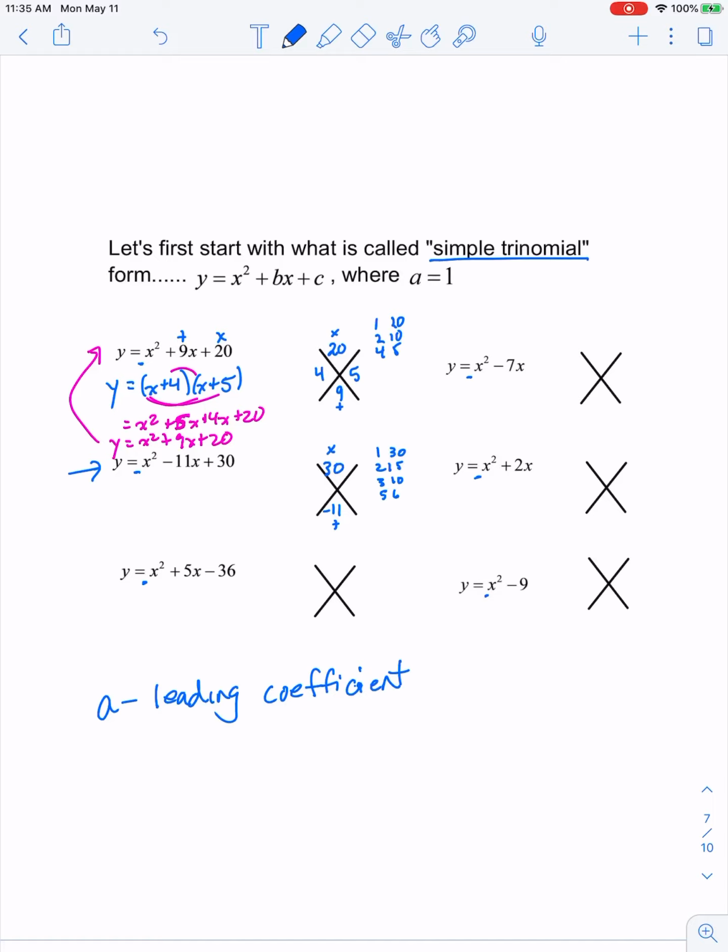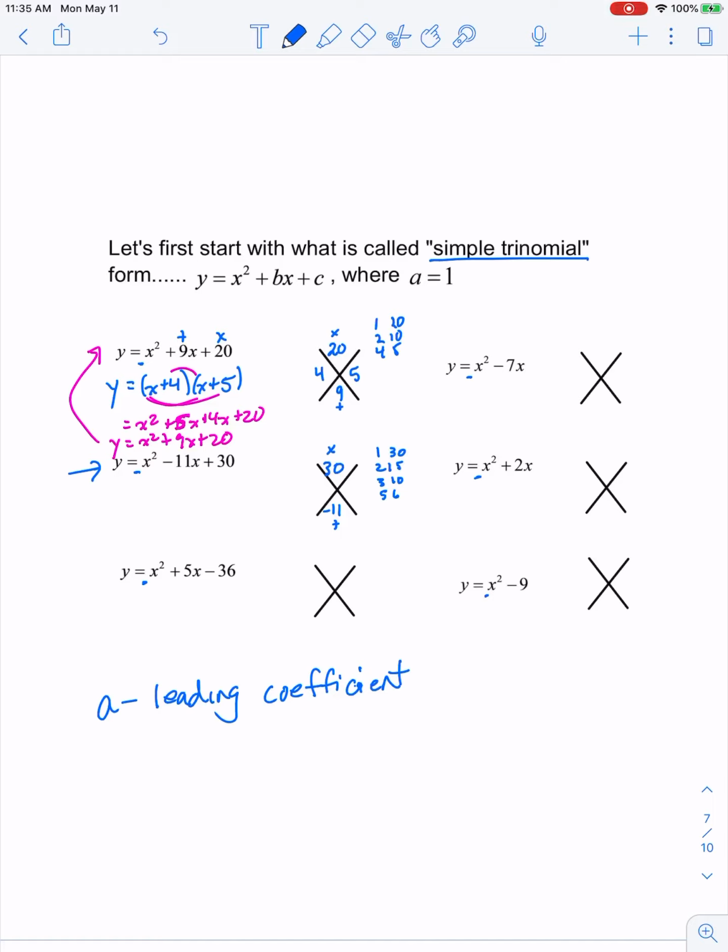So we need a combination of numbers that are going to give us negative 11. Now, you have to think about the signage here. For two numbers to multiply to give us 30, either both of the numbers have to be positive or both of the numbers have to be negative.